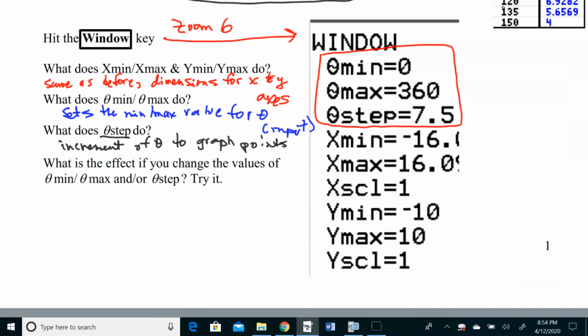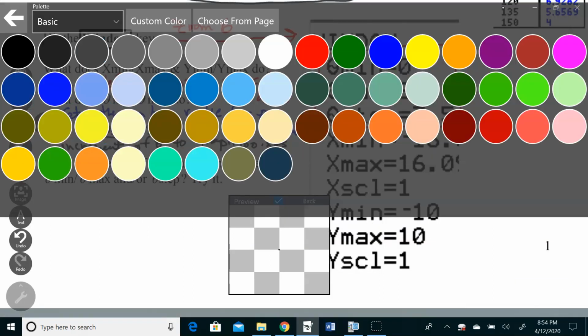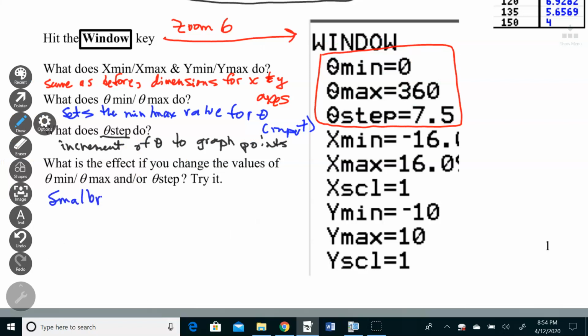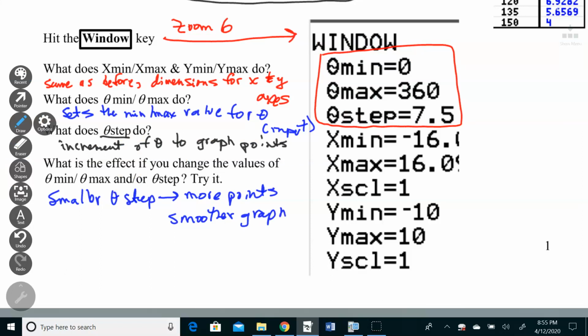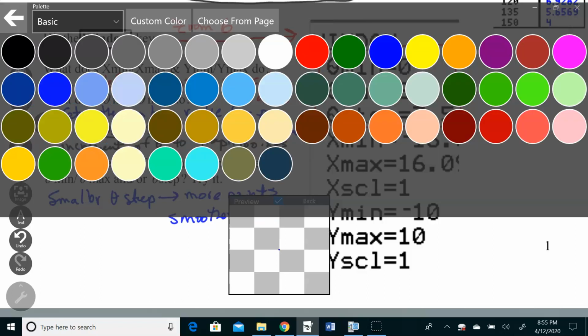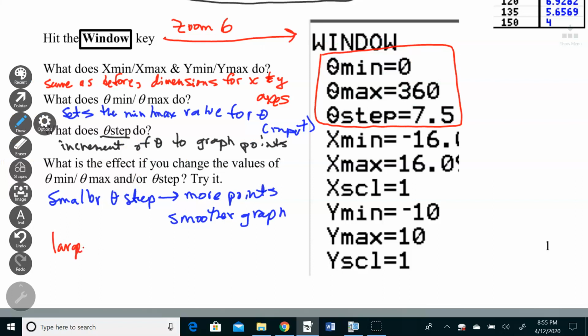So the idea is that the smaller theta step is going to do more points, which is a smoother graph, and the larger theta step is going to do less points and it's going to be a more jagged graph.